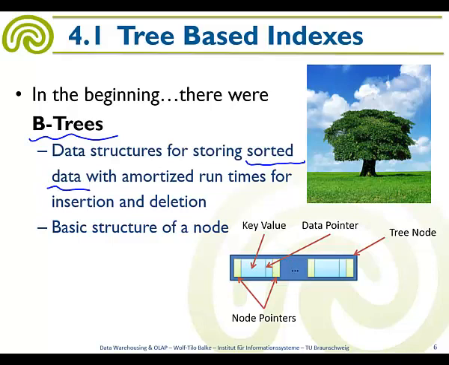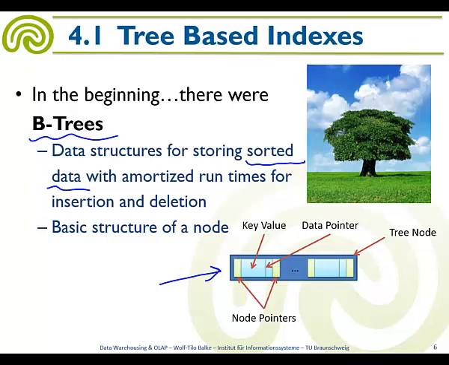As soon as you start sorting the data, you realize, okay, I can skip these, since they will not have the answer I'm looking for. And so they started sorting the data, and they did that by using nodes.